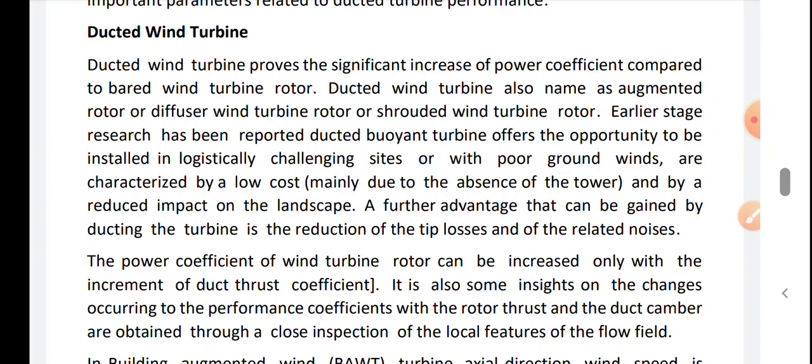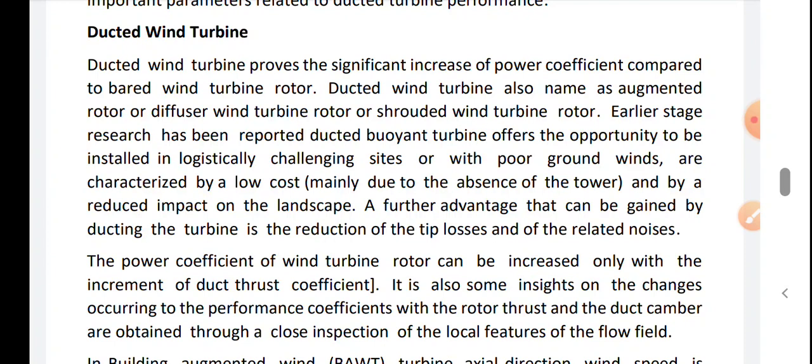Since ducted wind turbines are also called augmented rotor or diffuser wind turbines, earlier stage research has reported that ducted buoyant turbines offer the opportunity to be installed in logistically challenging sites or with poor ground winds, or characterized by a low cost and by a reduced impact on the landscape.